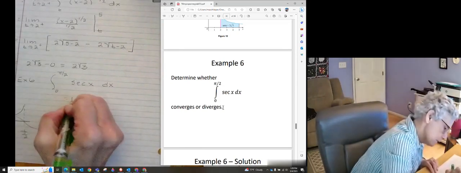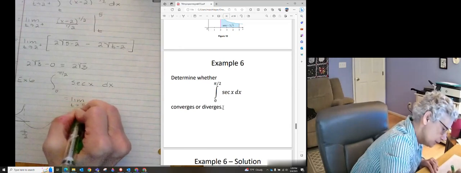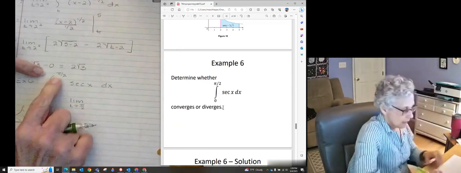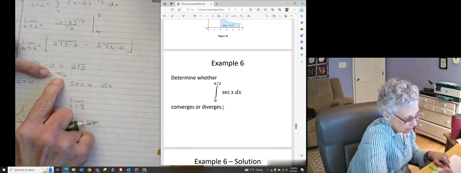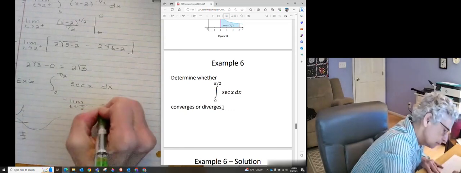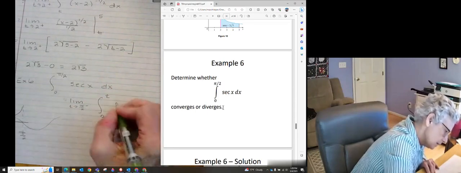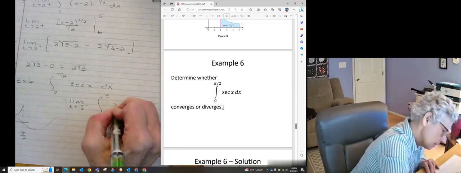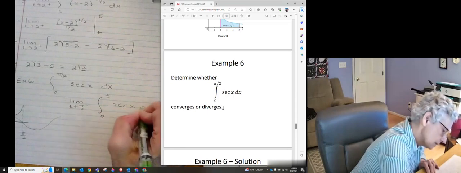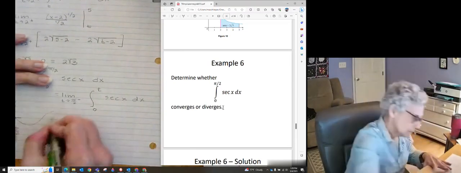So we have the limit as t approaches pi halves, and this time it's from the left. Integral from 0 to t of secant of x.